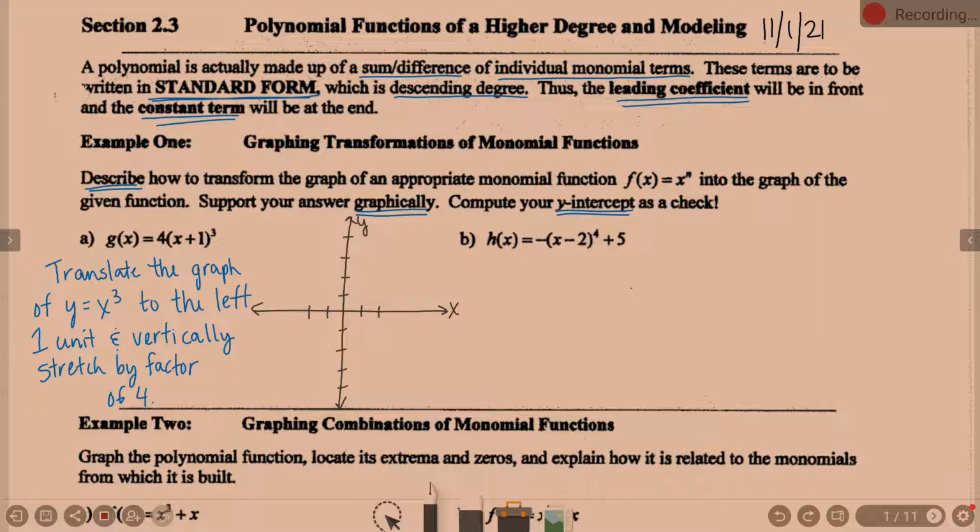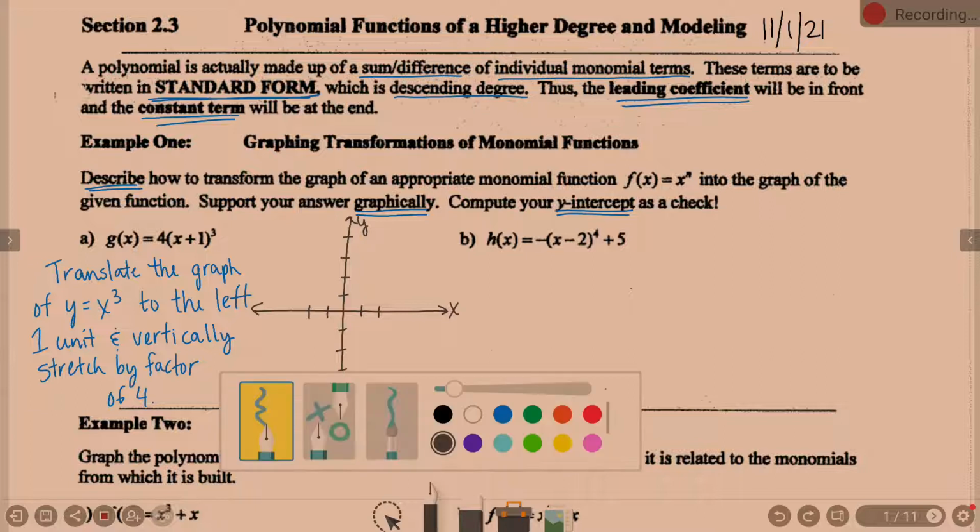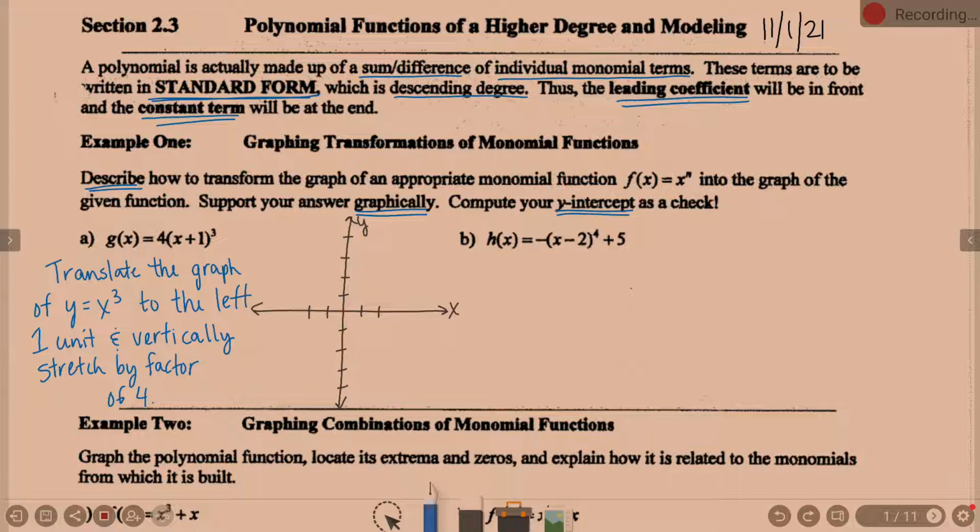The more we think about these graphs by hand, the more you learn about the graph. I don't feel like you learn quite as much with the calculator, although the calculator's good. As I set up my graph, I counted 2 left and right and 4 up and 4 down.